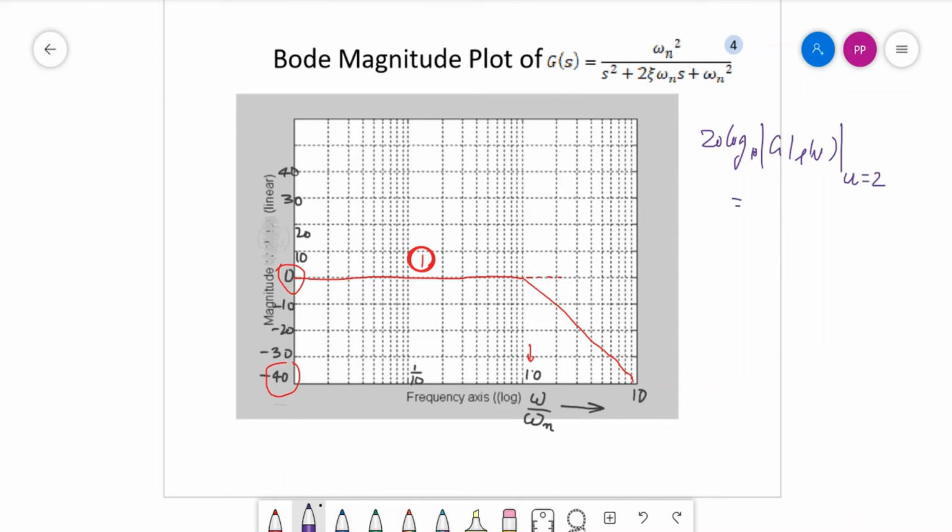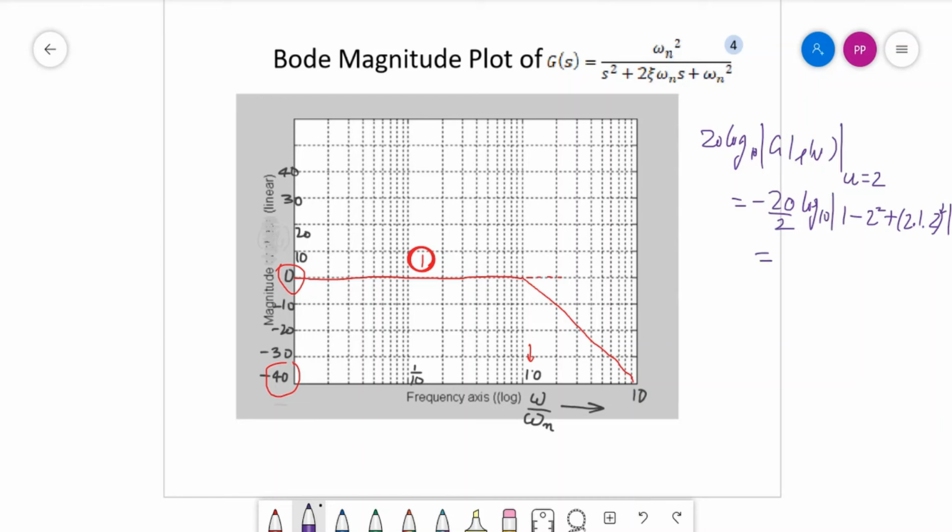So for this, how will it come? It should come as minus 20 log base 10. If the square root term is taken ahead, it's minus 20 by 2 log base 10 of (1 minus u square, instead of u square it will become 2 square, so 1 minus 2 square) whole square, plus (2 into 1 into 2) whole square.